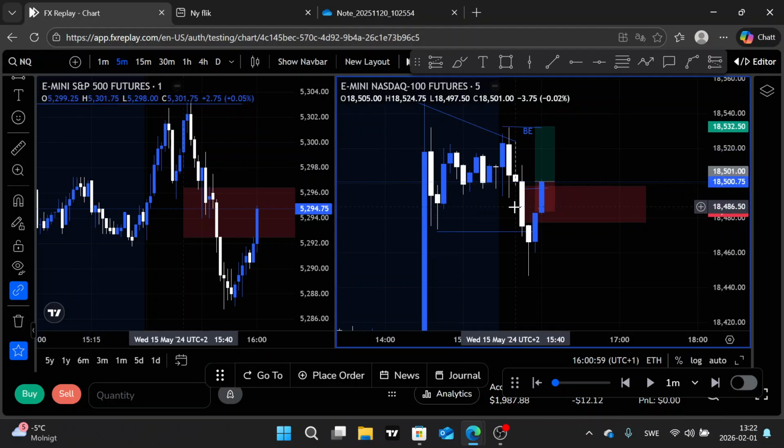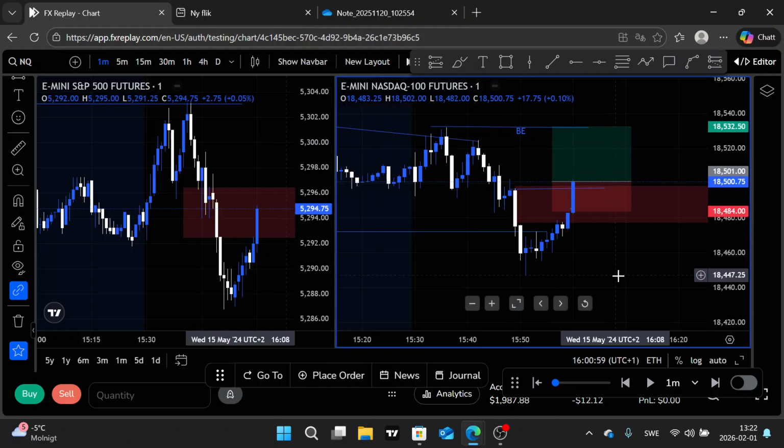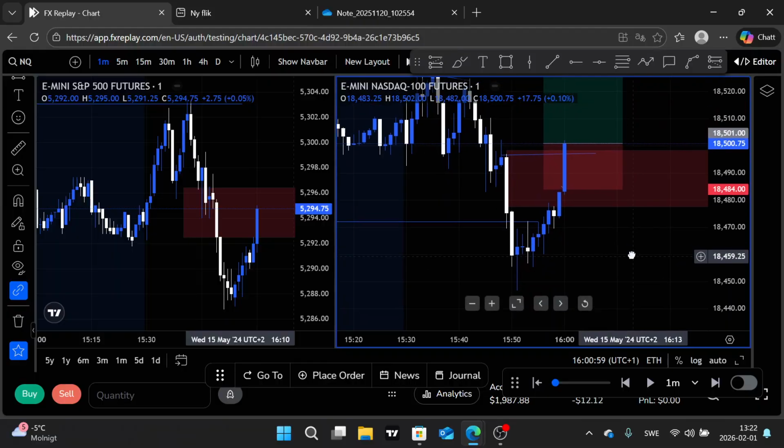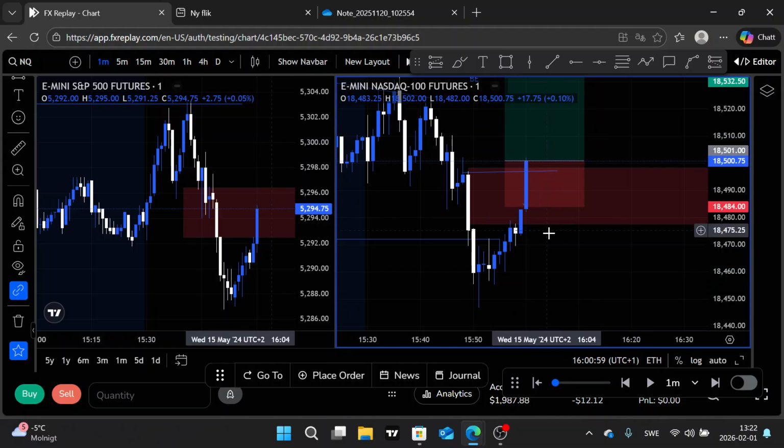And we disrespect this 5 minute gap, and here we go. But we could still go down here to this. I think we could do something like this.